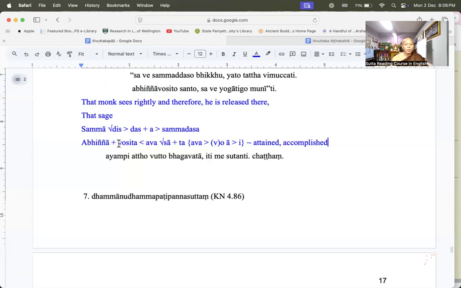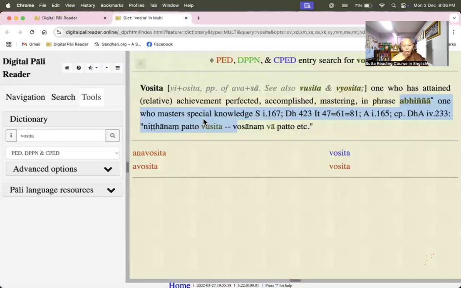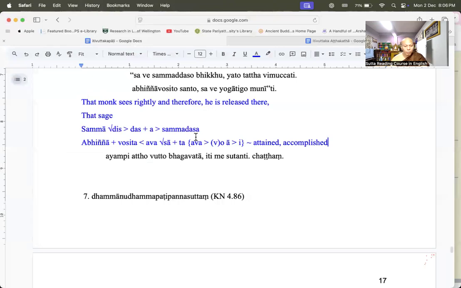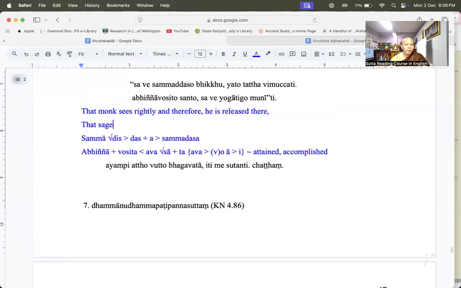Abhinna means that higher knowledge. So one who has mastered this special knowledge, that sage has mastered special knowledge. That's one line.